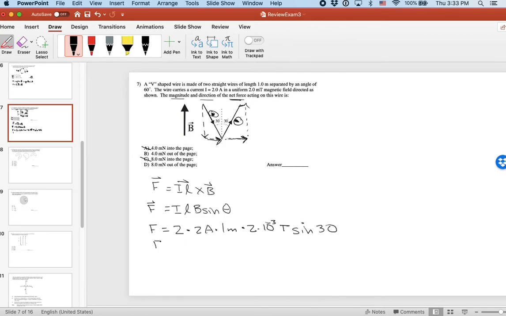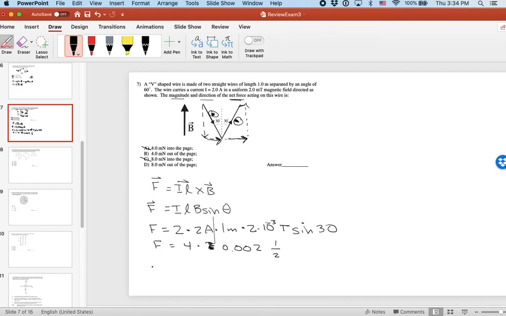So here I've got F is equal to 2 times 1. So that's just going to give me 4 times 2 to the negative 3. Let me erase that. Doesn't want me to erase now. Okay, so let's just cross it out. So 4 times 0.002, and then I've got sine of 30 is a half, times a half.